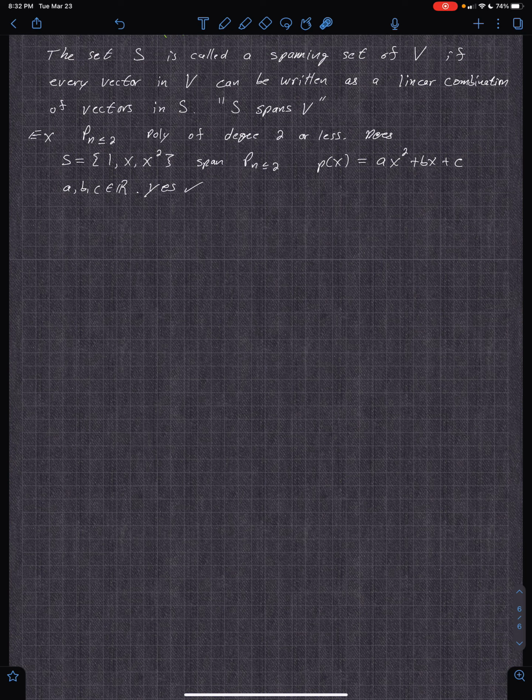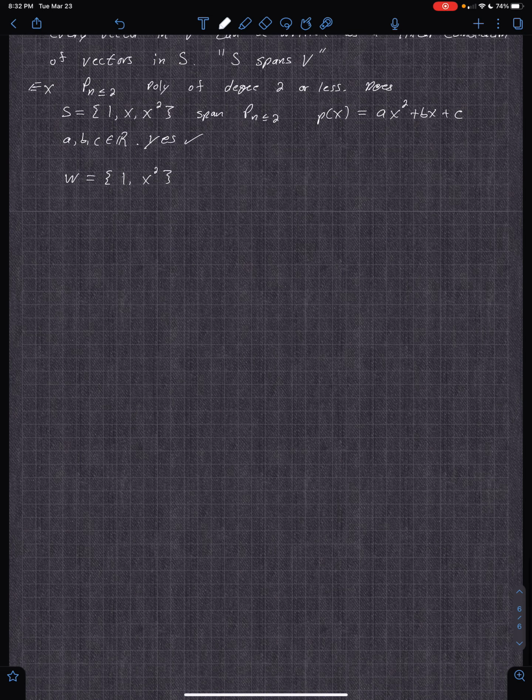Okay, so then let's look at just one more case to show another thing. Suppose W is 1, x squared. Can you construct all vectors in P2?